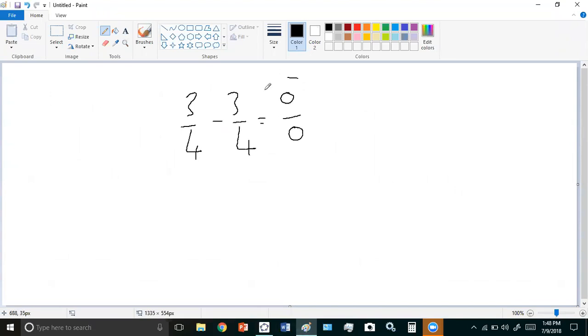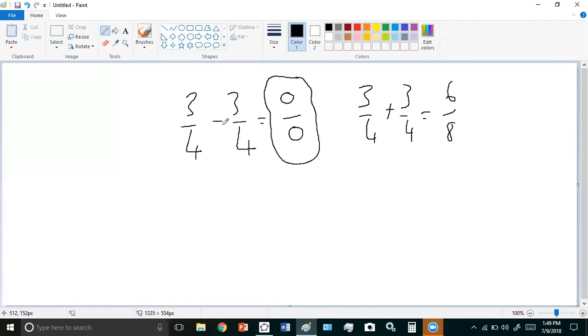And now the Greeks didn't have 0 as a number, didn't consider 0 to be a number. So, while you can say 3/4 plus 3/4 is equal to 6/8, it's strictly speaking not correct to do this.